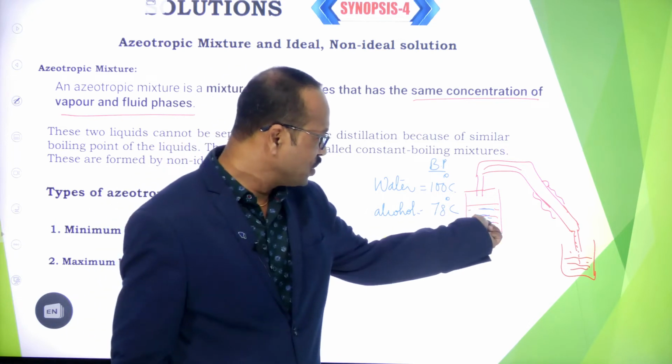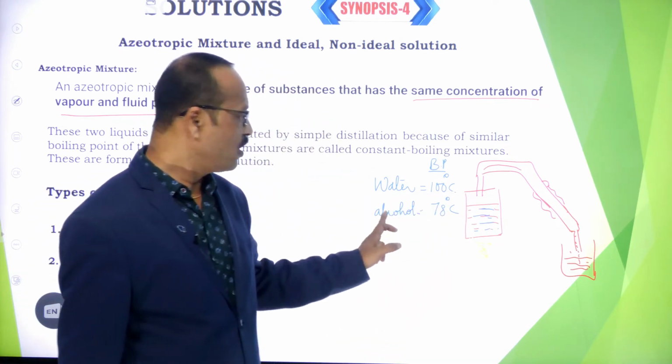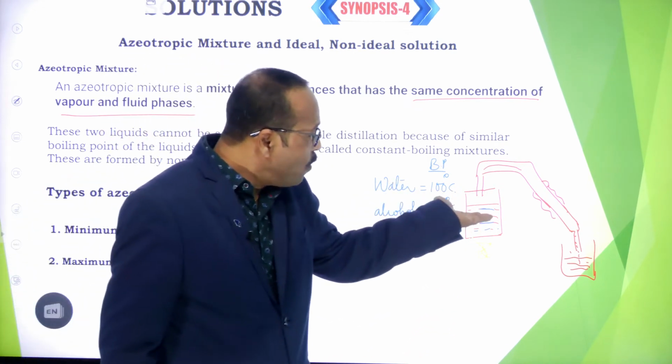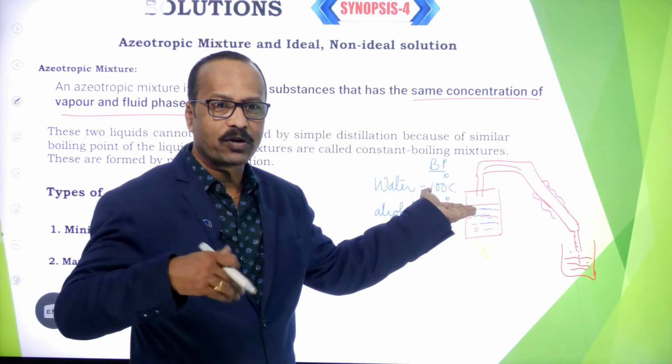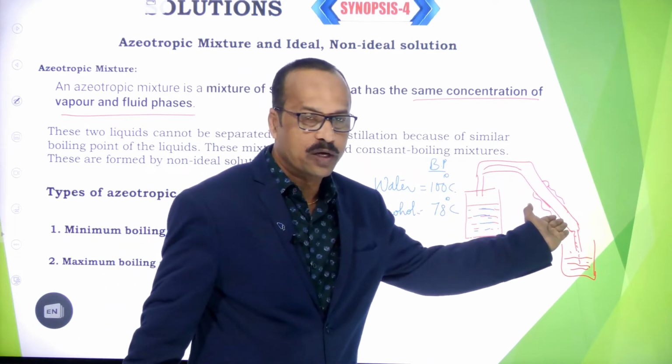So in this mixture, when I heat it above the boiling point of one of the components, that component evaporates, converts into vapor state, and goes through the tube.